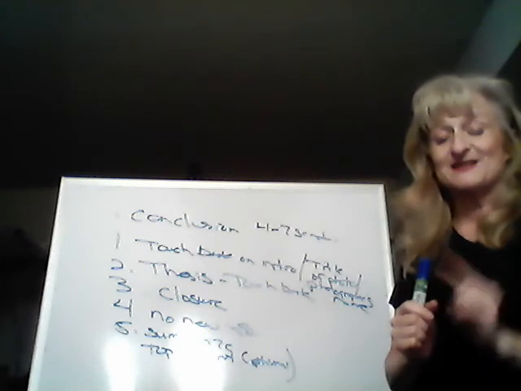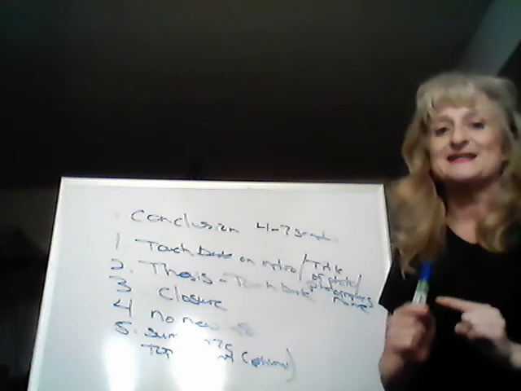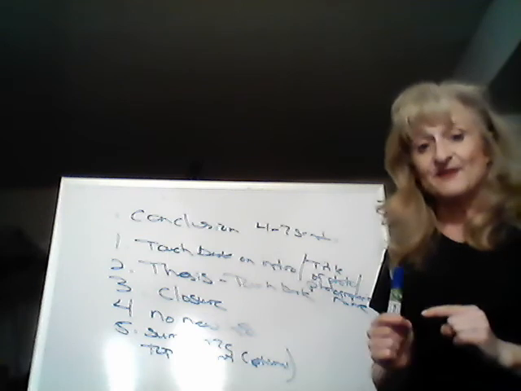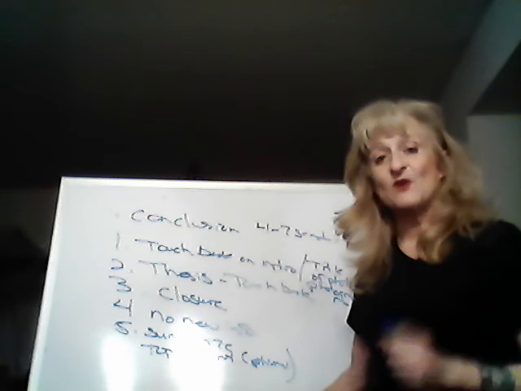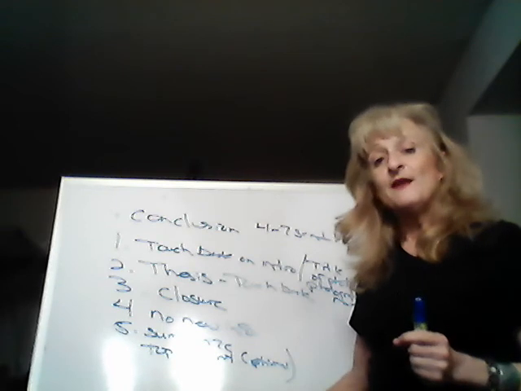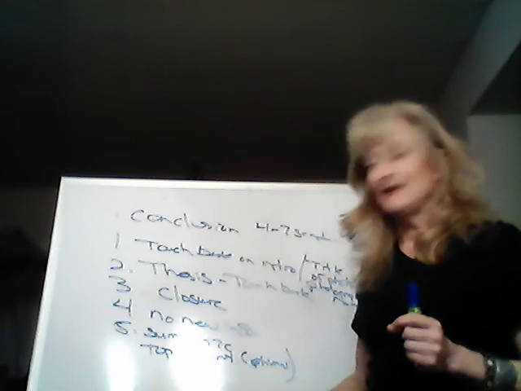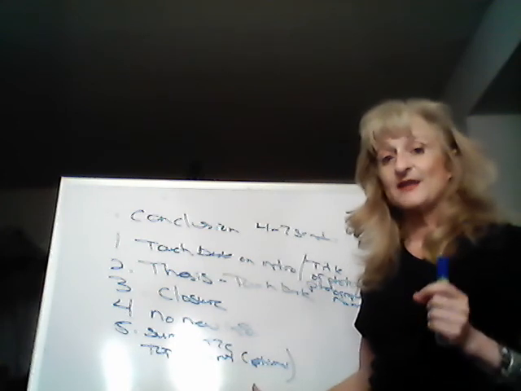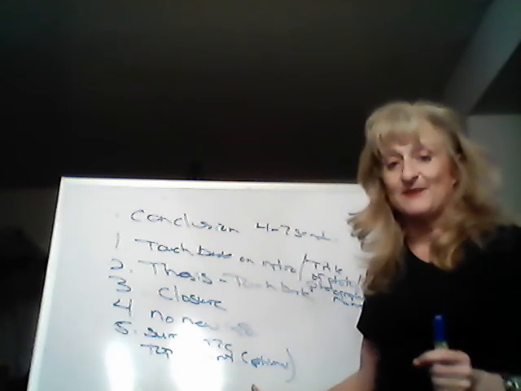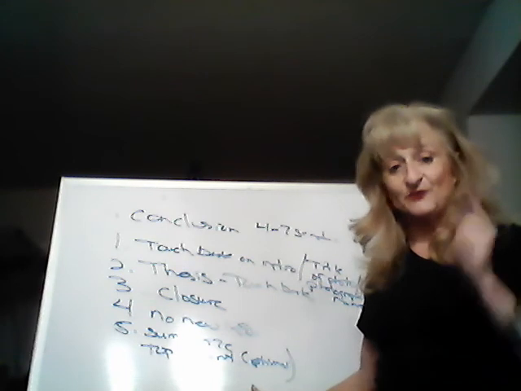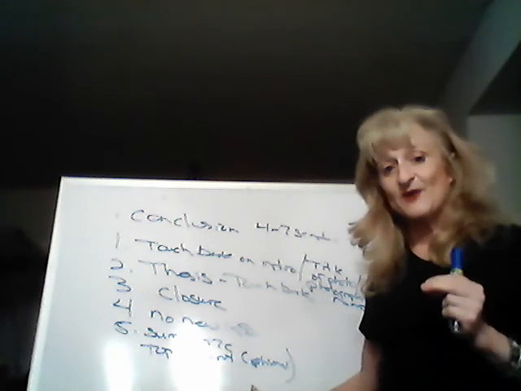I did want to mention, I neglected to mention, that in the body of your paper, you must address the opposition. This is still an argument paper, and you have a thesis that you are arguing for a point. So whatever you mentioned as the controversy in your intro, you need to address somewhere in the body of your paper. I'm only looking for you to address one major issue of the opposition in one of your body paragraphs.